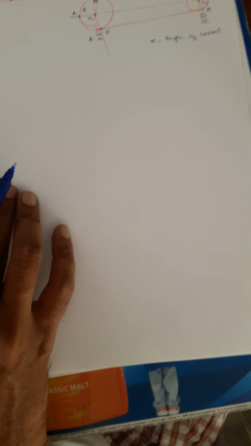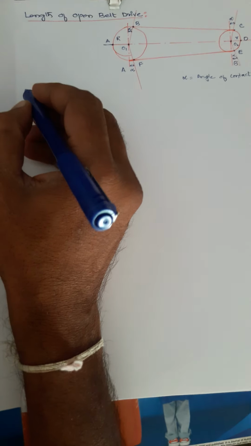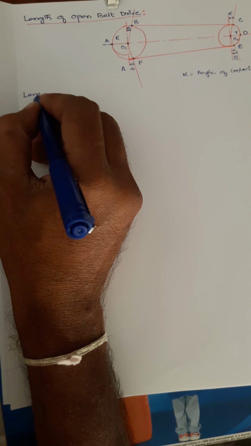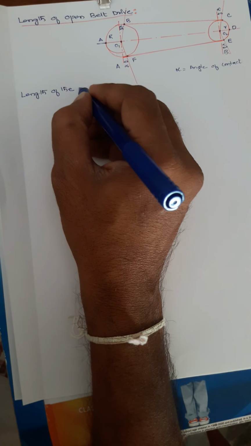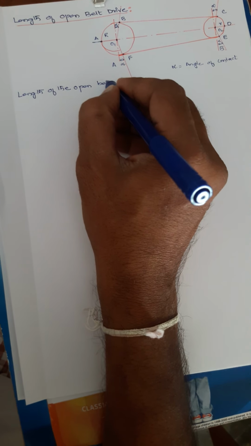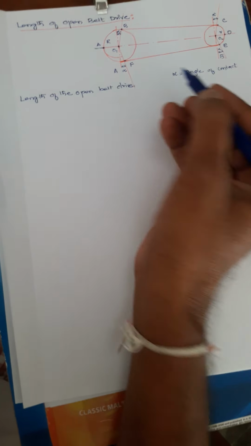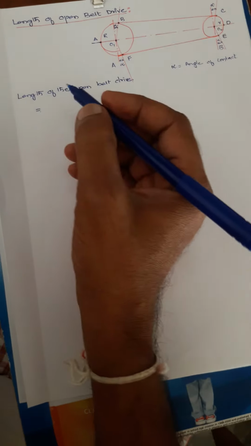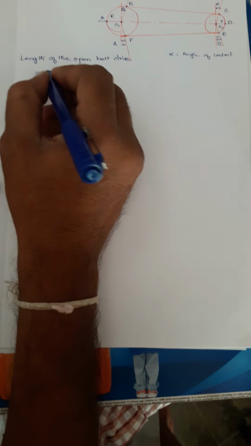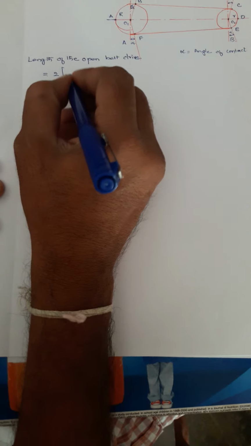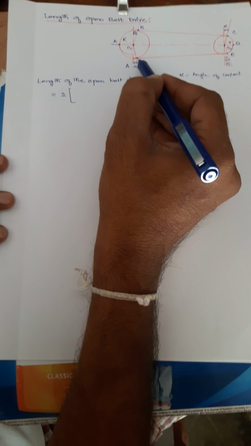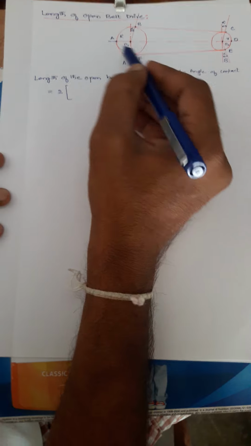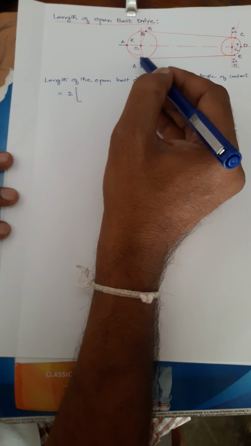Now, in a simple way, I can write the length of the open belt drive is nothing but 2 into, from this point AB and AF are equal, so that is why I am calculating only one side, so that if it is multiplied by 2 it will cover both sides.